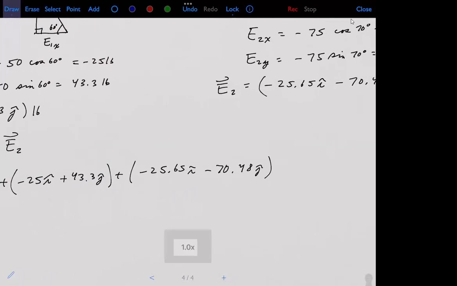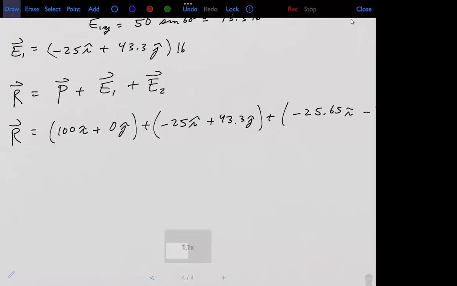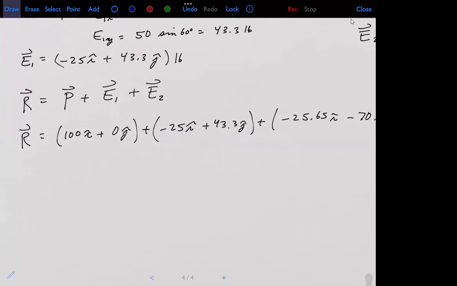So if I add them, remember when you add vectors together, you're adding the components, right? So I'm adding the i hats and then adding the j hats. So really this will be like 100 minus 25 minus 25.65 i hat. And then plus, and now we do the j hats.